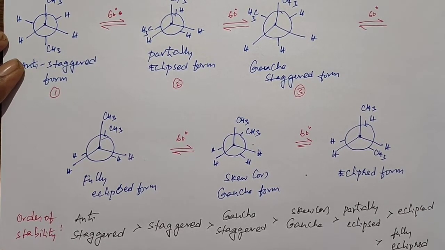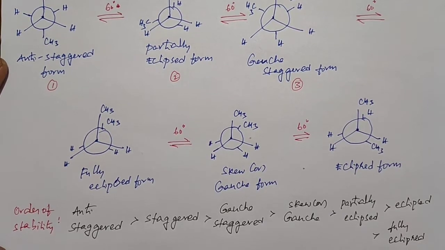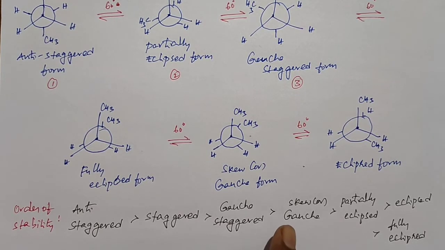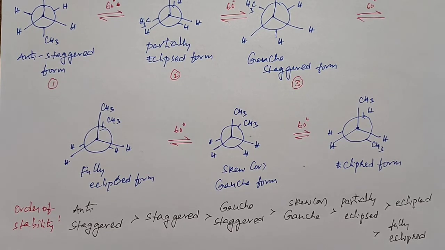So this is the order of stability of conformers of butane. Once again, anti-staggered is the highly stable form, followed by Gaussian staggered, then skew or Gaussian form, then partially eclipsed, then eclipsed, and at last fully eclipsed. This is the order of stability of conformers of butane.